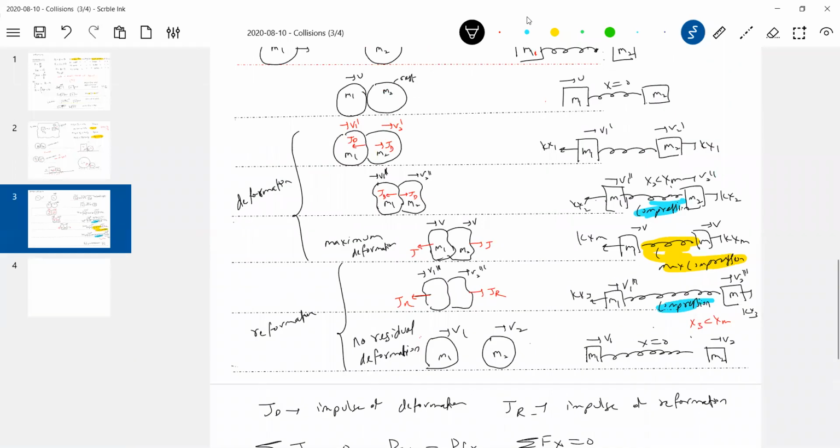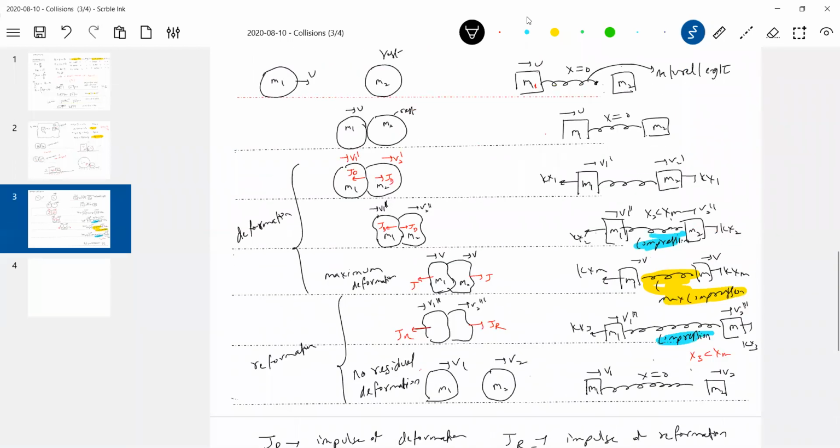Any reason for that? Let's take help of this. What's happening to the kinetic energy of the system? It keeps on decreasing. The kinetic energy of the system decreases. Here it will become minimum.